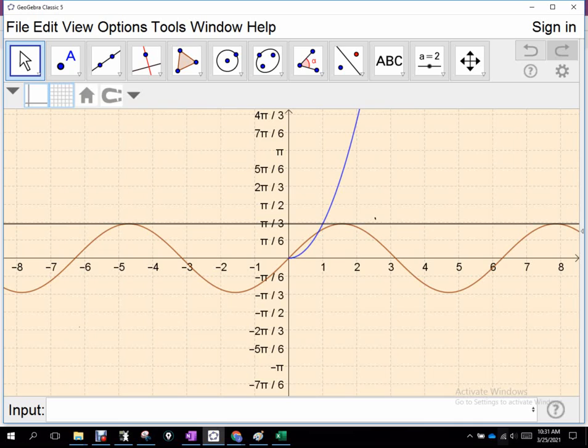Well, if we look at this graph, right now we don't have that. We have increase and decrease all across the spectrum here. So what we want to do is narrow our focus. We want to restrict our domain so that we get only an increasing or only a decreasing portion of that graph.